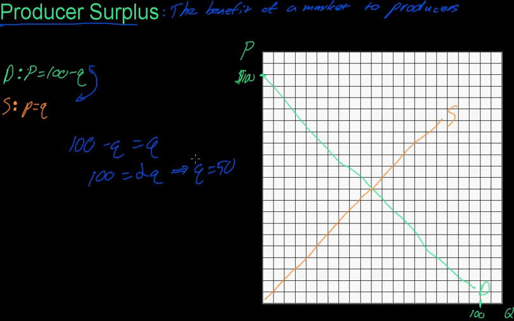And then plugging Q back into here, we get that P is equal to $50. So if this is point A right here, we have an equilibrium quantity of 50 and an equilibrium price of $50.